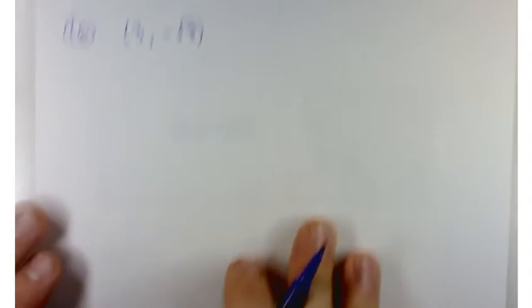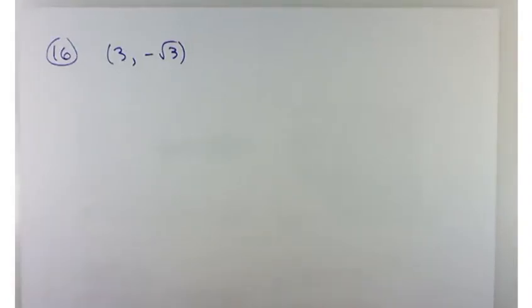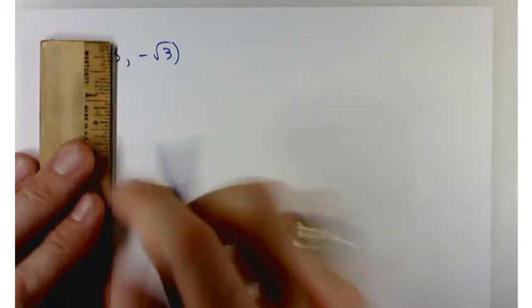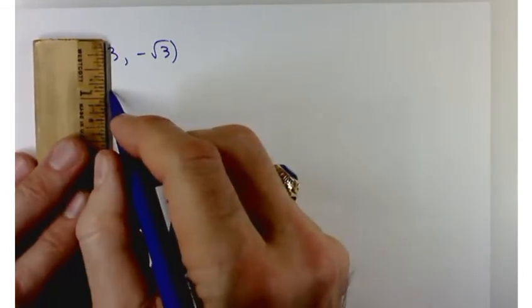Here's one for you. Problem number 16. 3 and negative the square root of 3. So again, this is an angle in the 4th quadrant, although I guarantee that this one's going to work out a little bit nicer than the previous one.